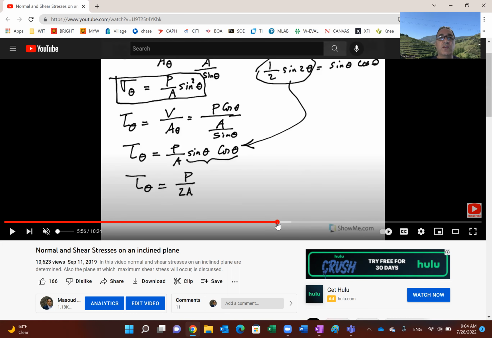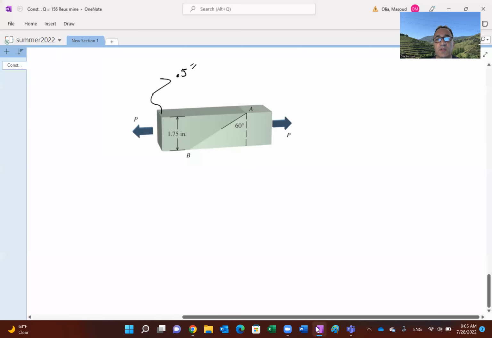Sigma sub theta is P over A sine squared theta. And tau sub theta you could write in terms of sine 2 theta, or as sine theta cosine theta. Let me go back to this screen.